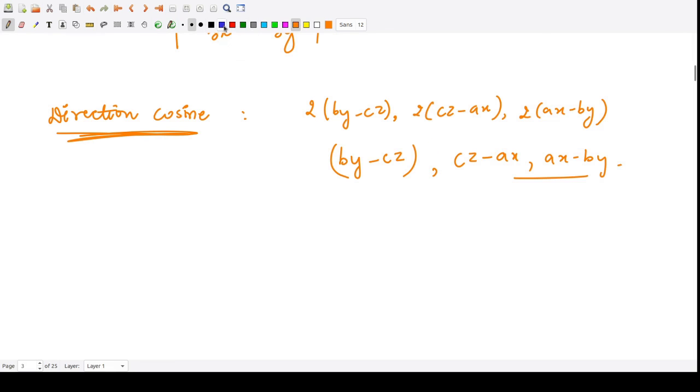So I have one question for you. This is some exercise question. Note it down and you can try this one by yourself.